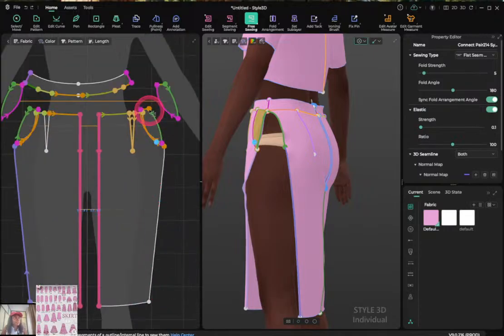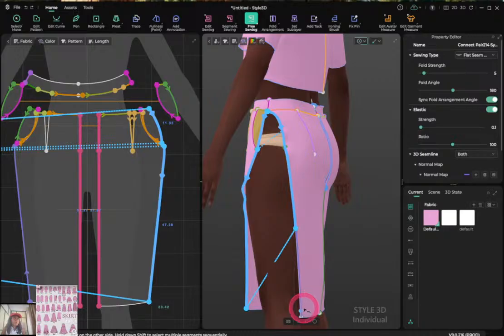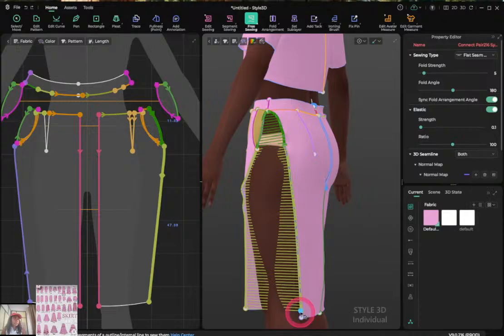So shift from here to here, and then from here to here, and then I leave the shift key from here to, come on, okay.